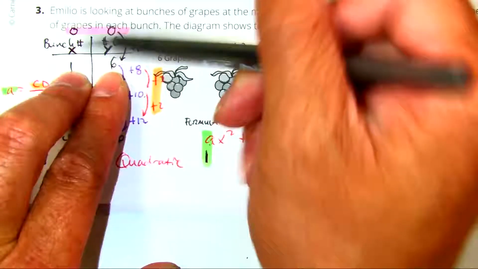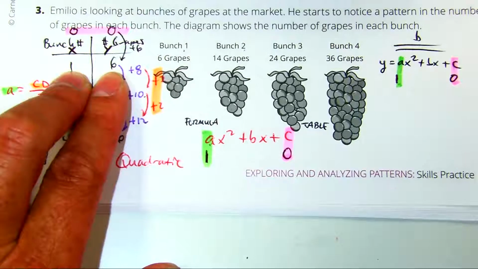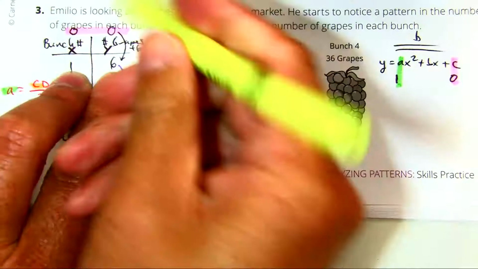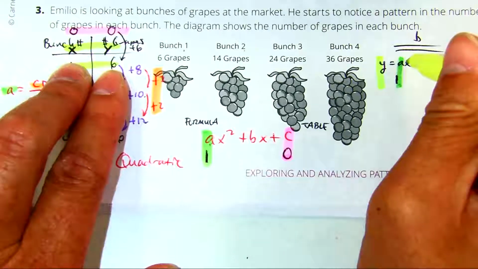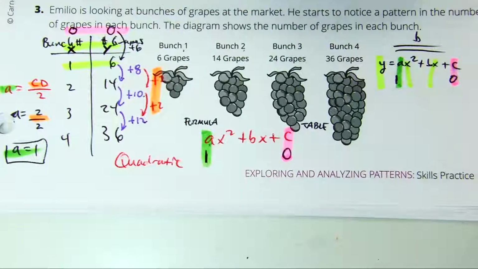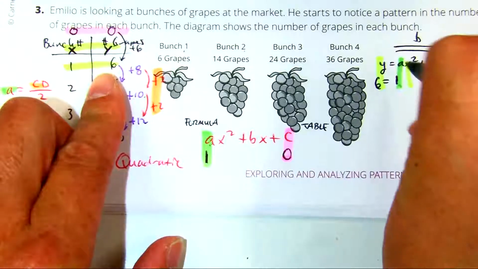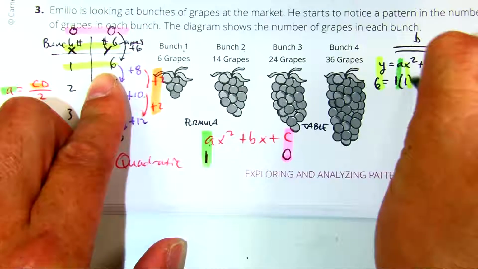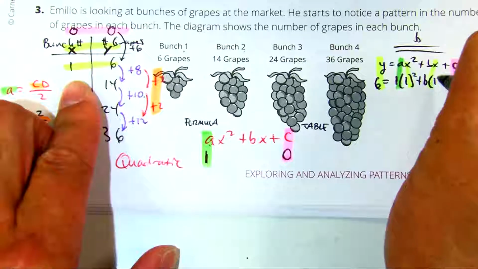Which means every y value we're going to put in 6, and every x value we're going to put in 1. So I have 6 equals 1 times 1 squared plus b times 1 plus 0.